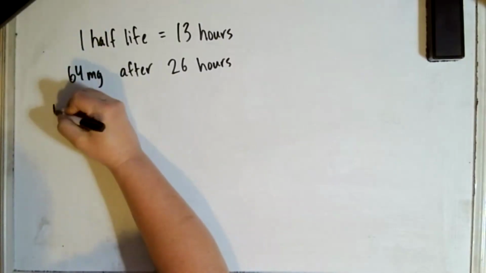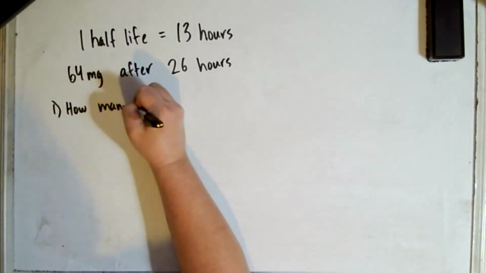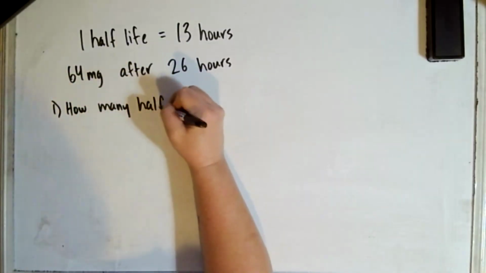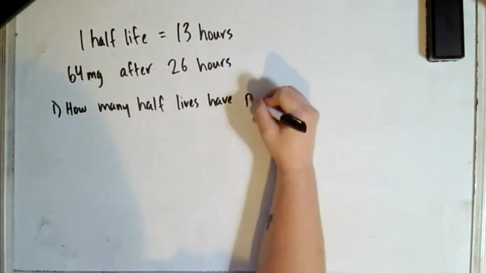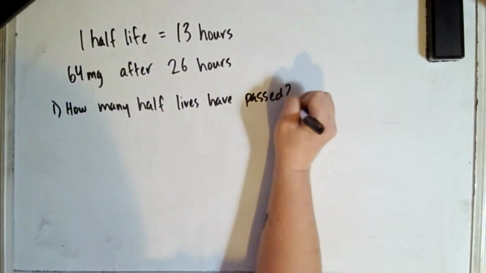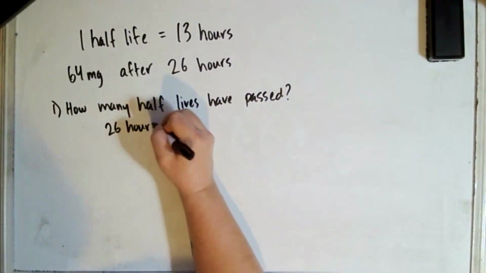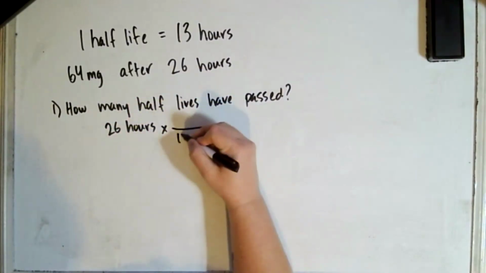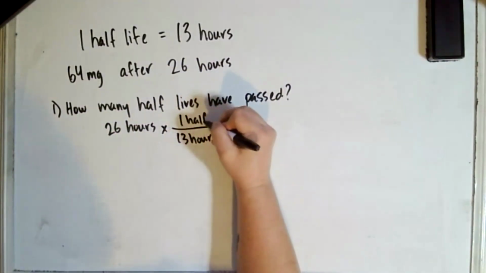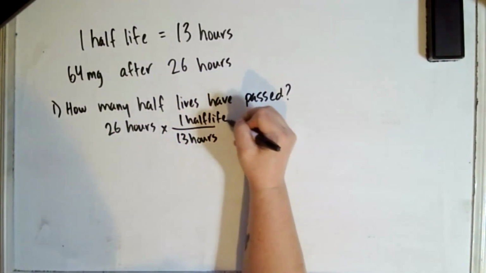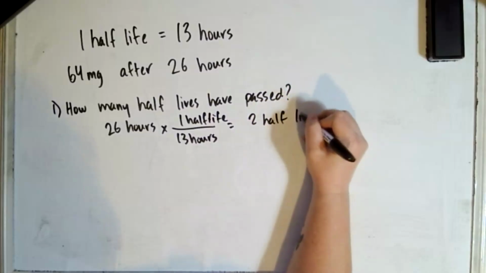So we still have to ask ourselves that first question. How many half-lives have passed? All right, so we know that 26 hours has gone by. And we know that there's 13 hours in every one half-life. So we know that 2 half-lives have gone by.